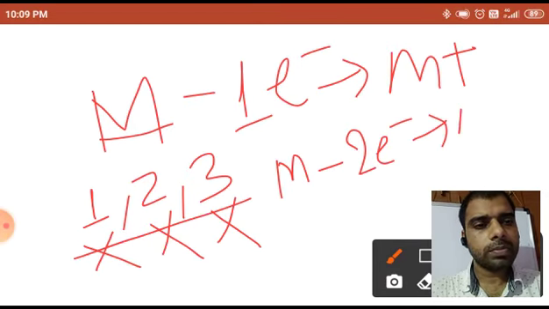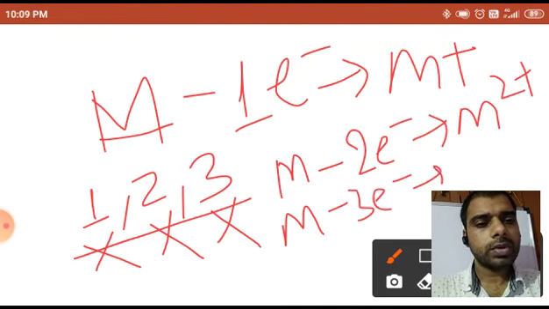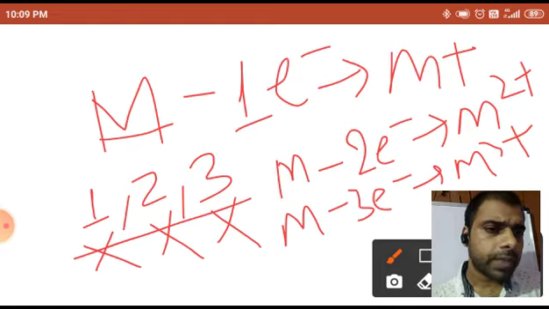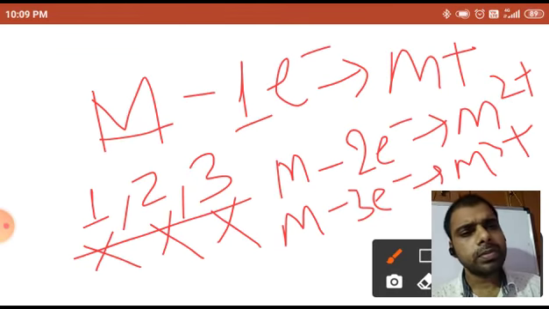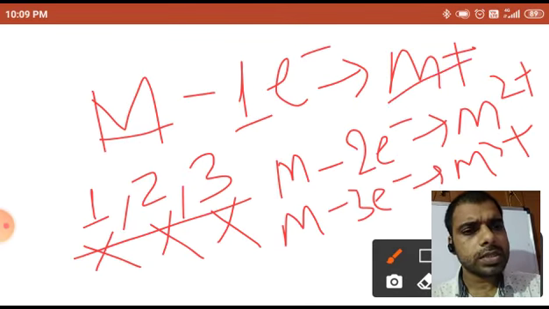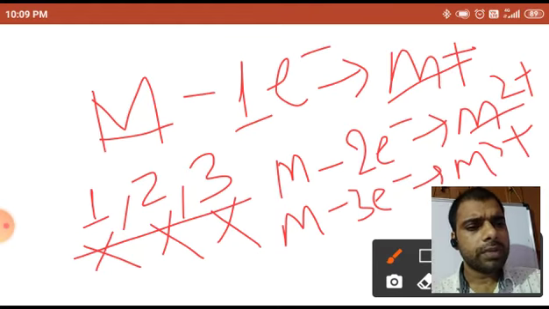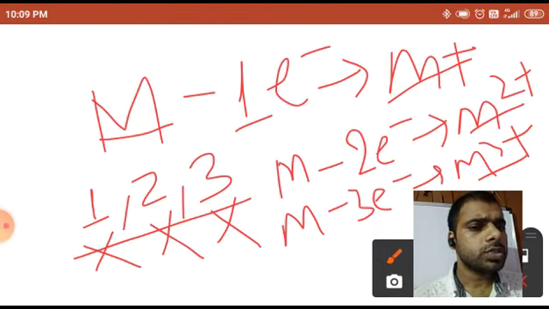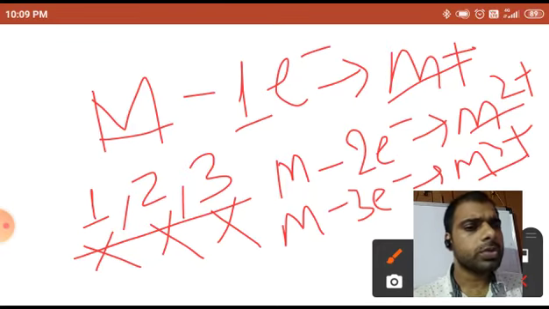It can lose 2 electrons and form M 2 positive, M minus 2 electrons. It can lose 3 electrons and form M 3 positive. So you are seeing that metals every time form positive charges after losing electrons. Due to the loss of electrons, it is forming positive charge. So that's why its name is electropositive.